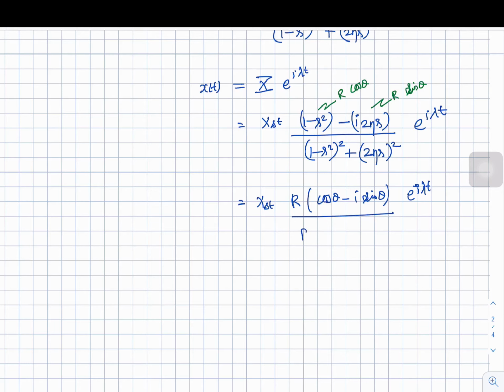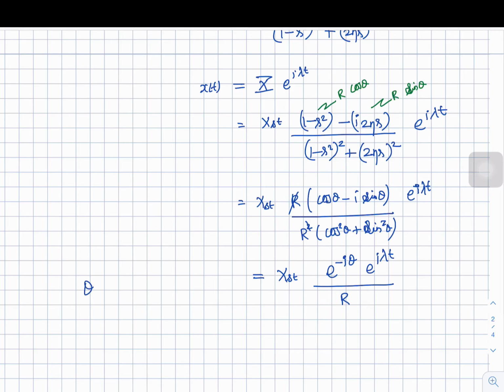So here this becomes r of cos square theta plus sin square theta, so this becomes 1. Since r is taken out, this one cancelled, and x_st e power minus i theta e power i lambda t divided by r.